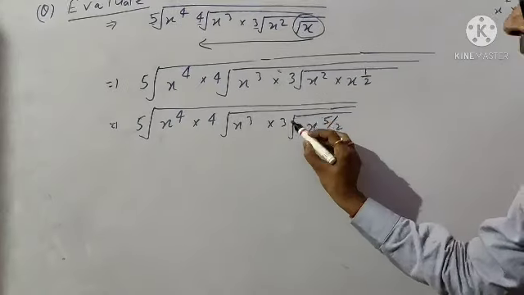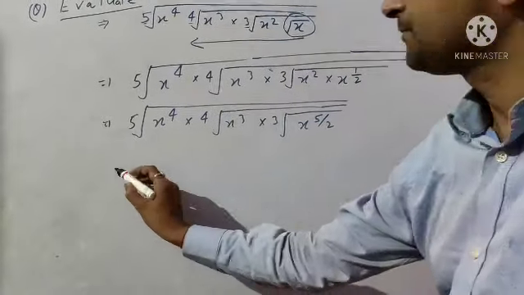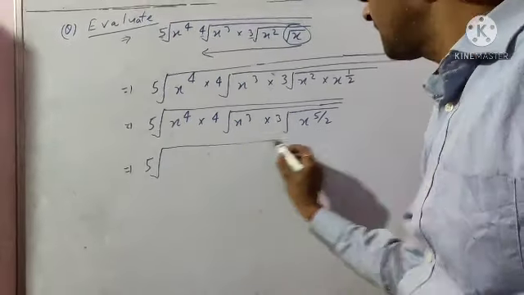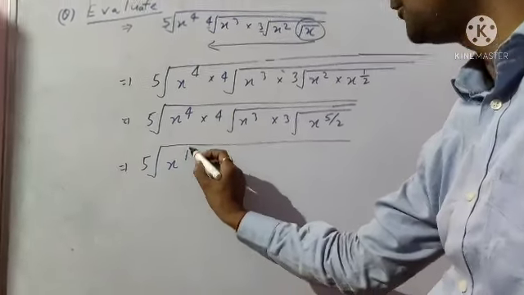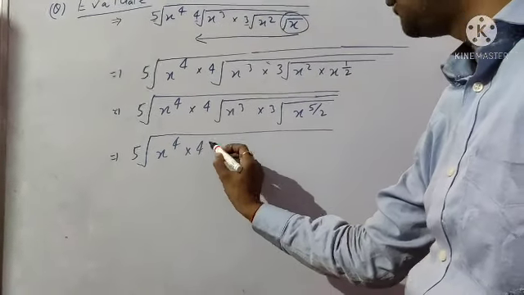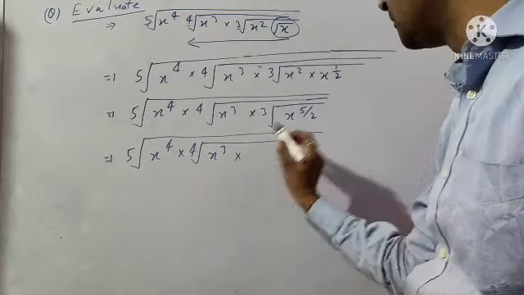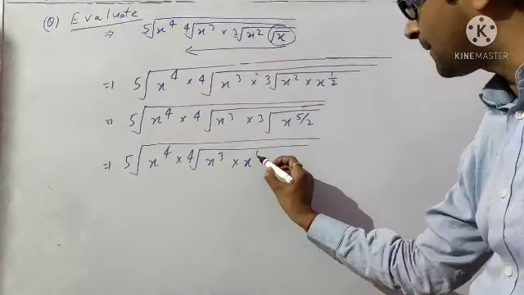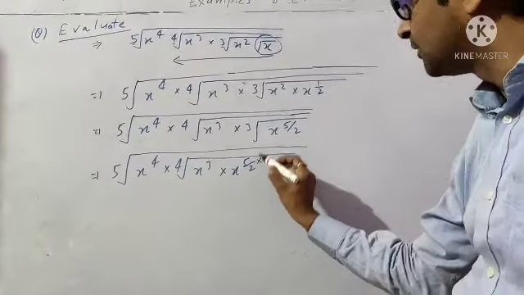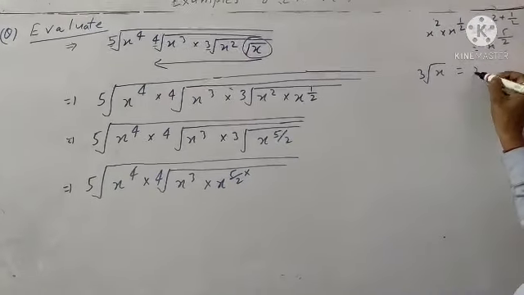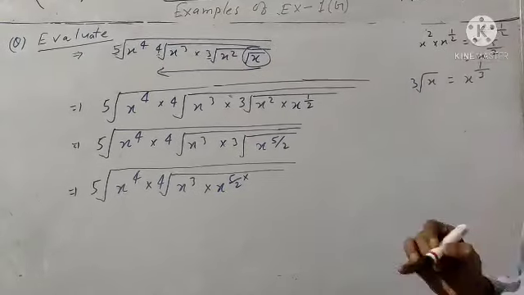Okay, this whole power is the cube root. Then fifth root of x to the power 4 into fourth root of x to the power cube into, this value is x to the power 5 by 2 into, if cube root of x, that means this value can be written as x to the power 1 by 3.